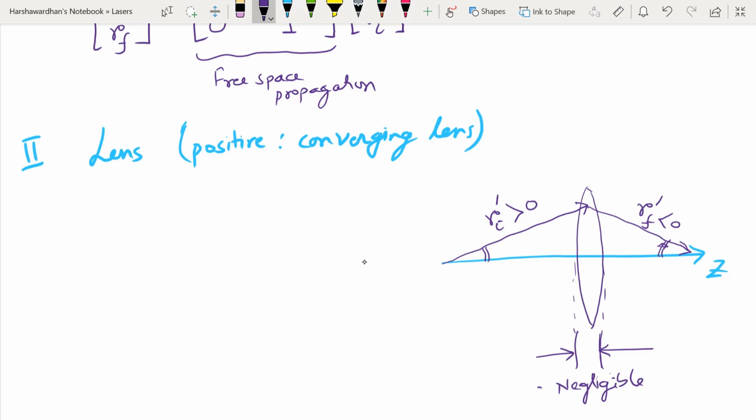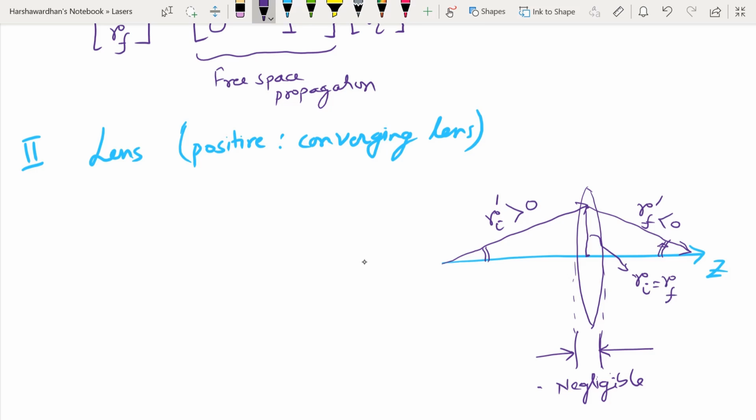The location of the ray at the location of the lens, I'm calling this distance Ri, which by the way, you can clearly see is equal to Rf. We have taken the thin lens approximation, right?